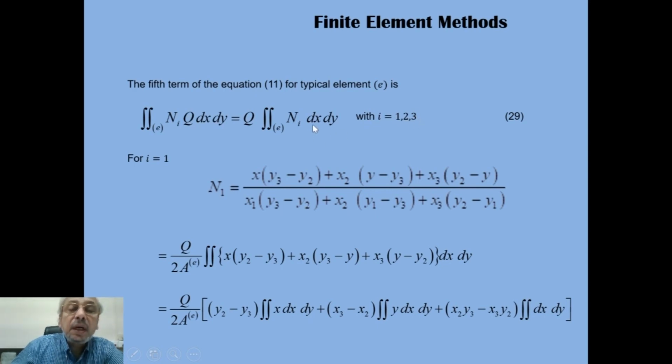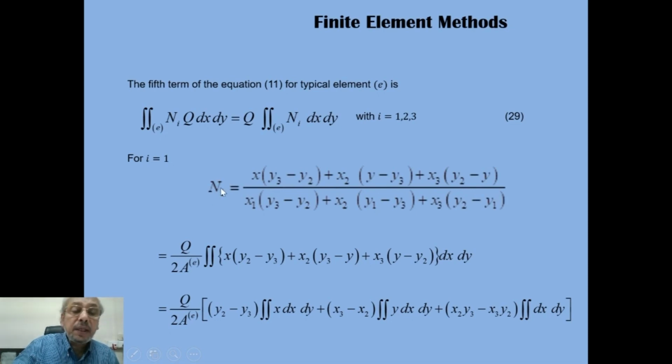That means if we take N1, we can recapitulate the expression: x into y3 minus y2, plus x2 into y minus y3, plus x3 into y2 minus y, and this is basically the value of the determinant of the matrix A, if you recall.